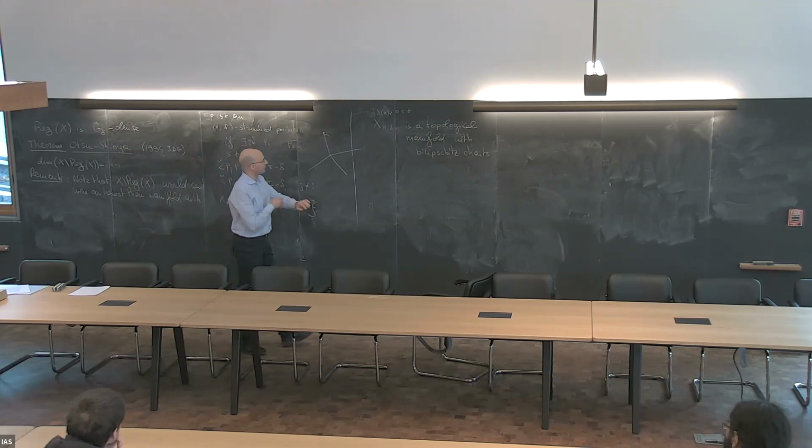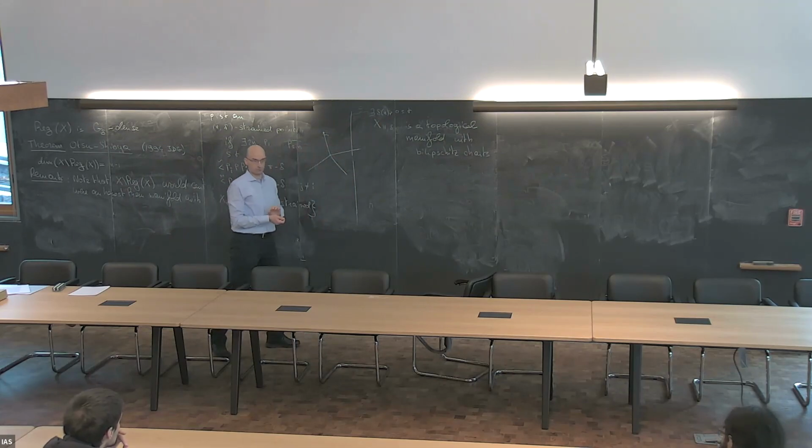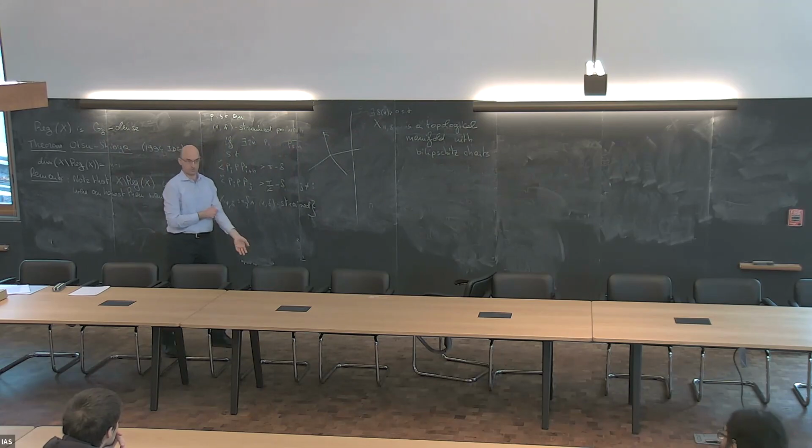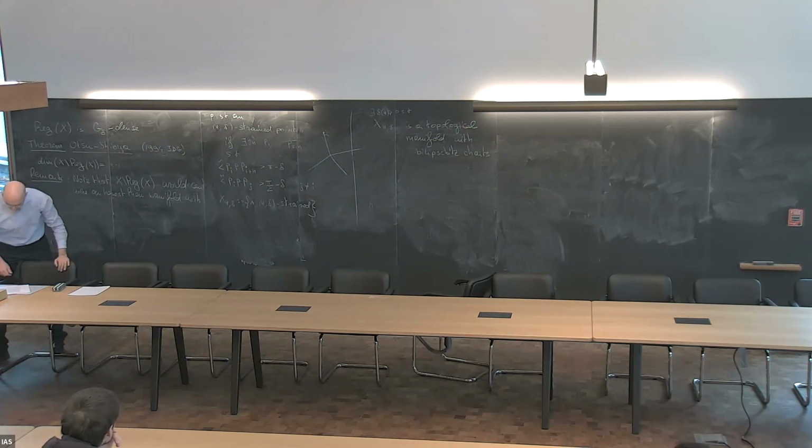The theorem is telling you that there's a fixed delta, depending only on the dimension n, and not depending on x. So it's a universal constant.